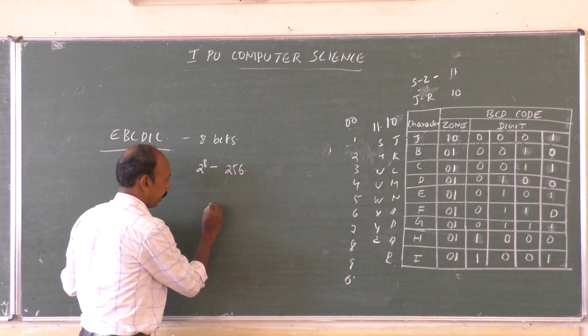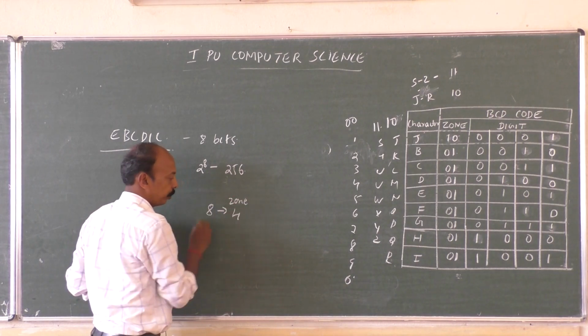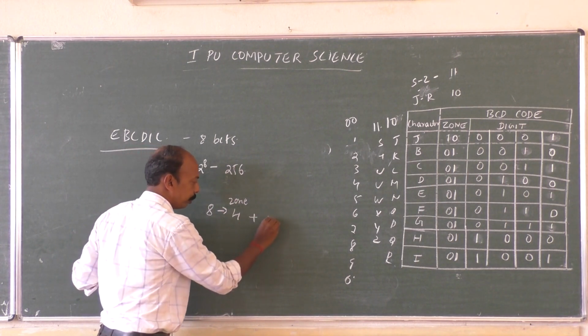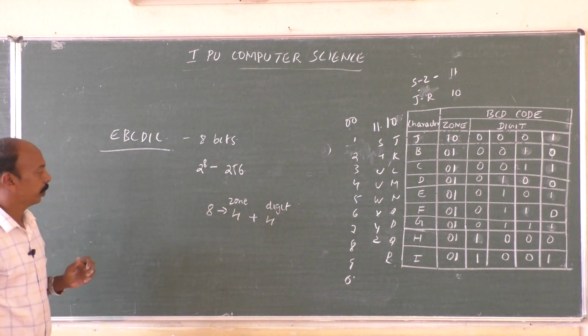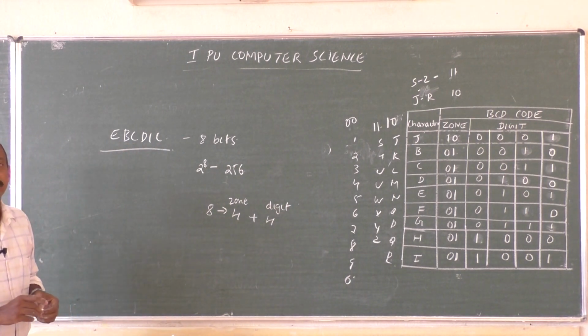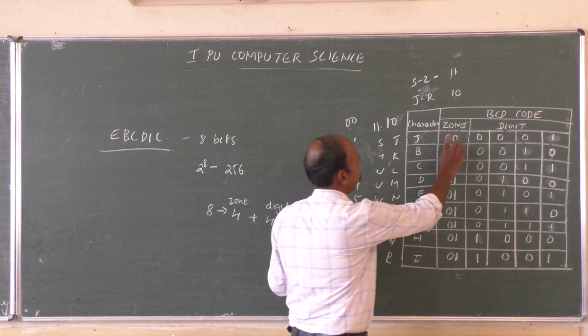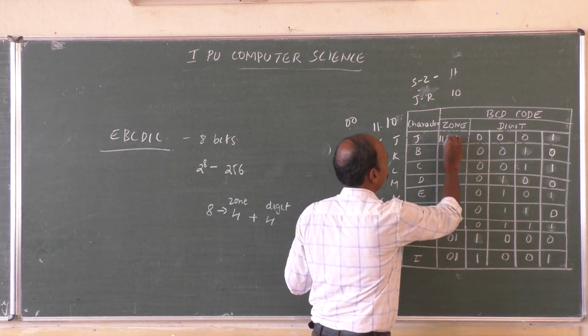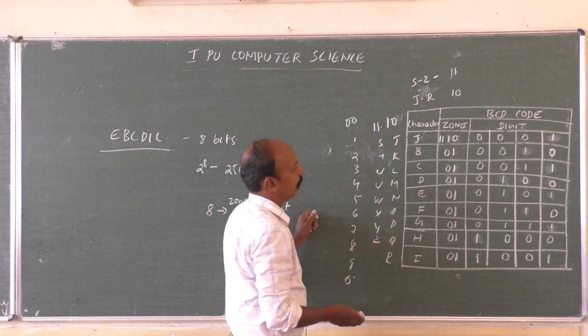So the 8 bits are divided into 4 bits for the zone and 4 bits for the digit. From A to I, the digit portion will be the same and the zone portion will be 1 1 0 0.